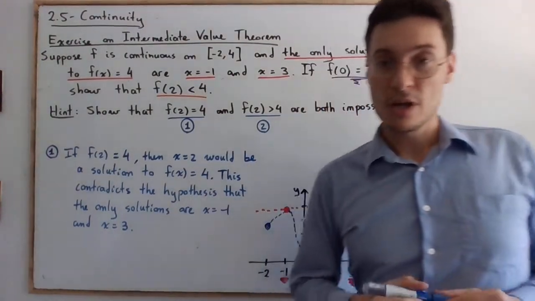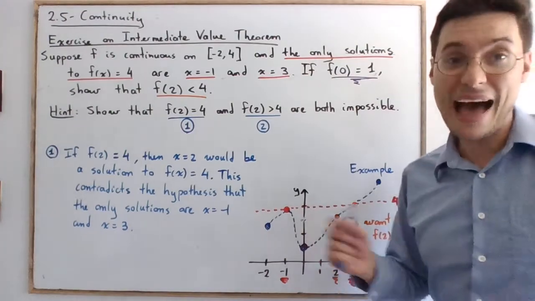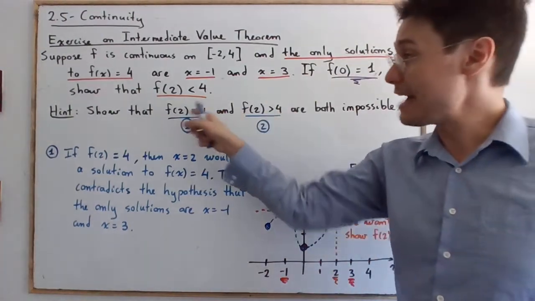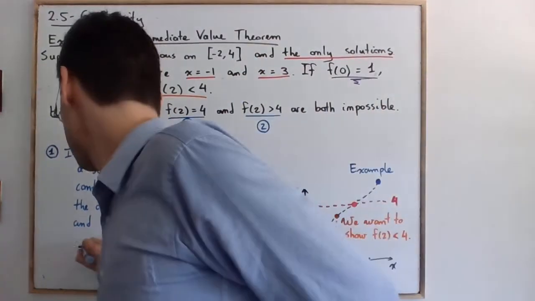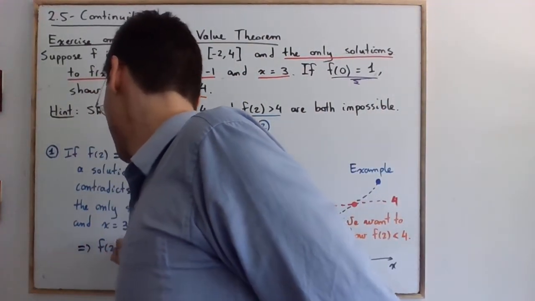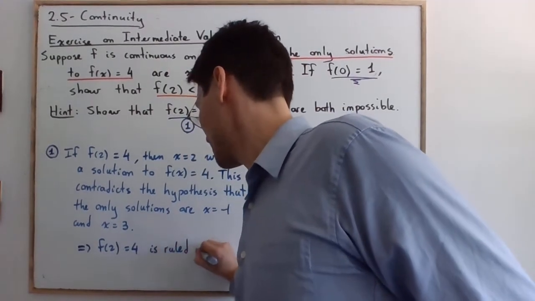Okay? So this means, and this was the easy part of the proof, obviously, that f of 2 equals 4 is ruled out.